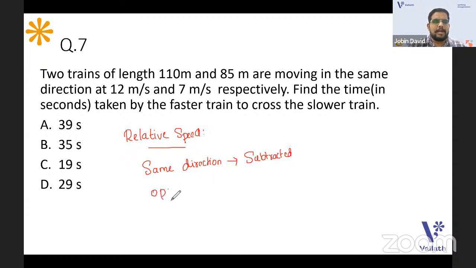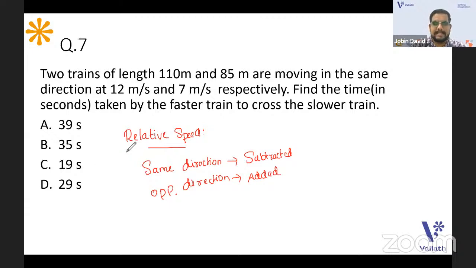And if it is moving in the opposite direction, it should be added. Clear? So the speeds of two trains on the same direction should be subtracted to get the relative speed, and for two trains on the opposite direction, the speeds should be added.